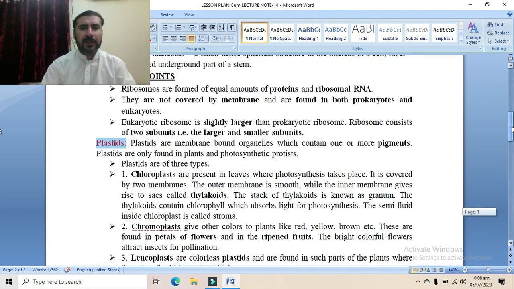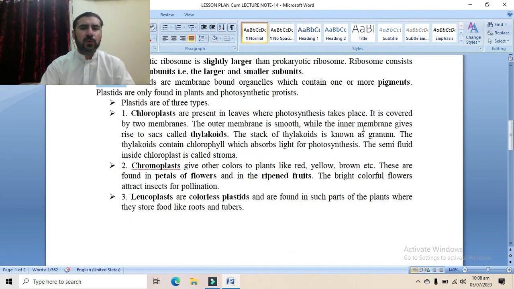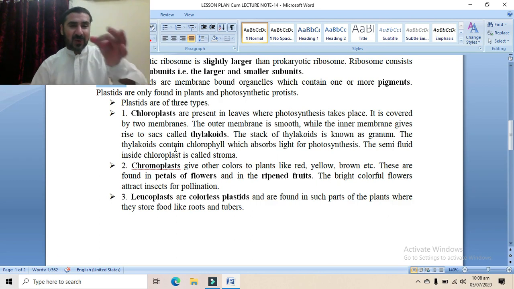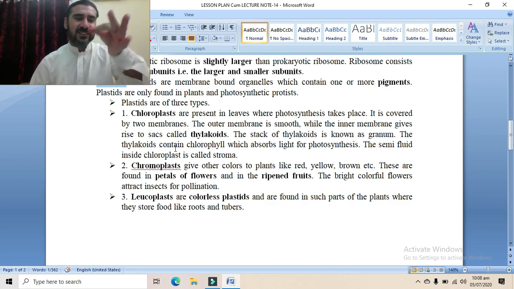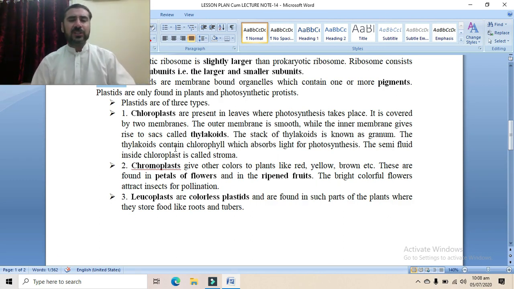The outer membrane is smooth, while the inner membrane gives rise to sacs called thylakoids. A stack of thylakoids is known as granum. The thylakoid is basically the important structure. These small thylakoids contain the photosynthetic pigment known as chlorophyll.